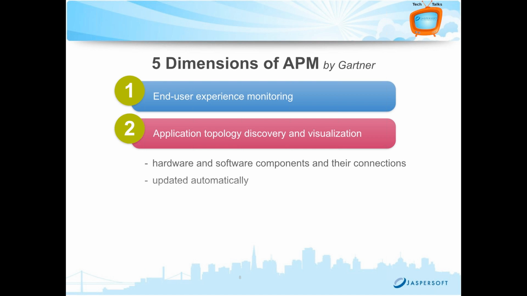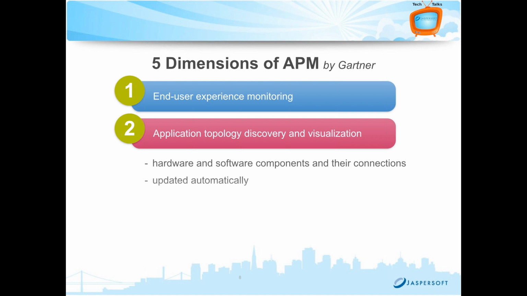This is good for finding compatibility or regional issues, for example. So with this, you can find out if your application maybe has a problem with a certain browser or browser version or an operating system. And with regional issues, you can find out if, for example, your application is slow in, let's say, Canada.